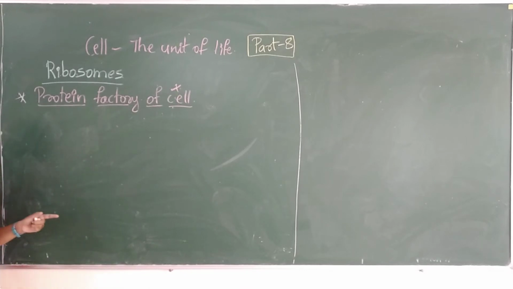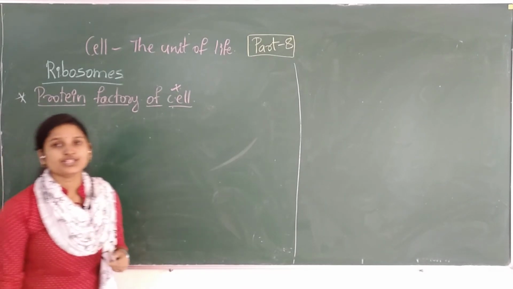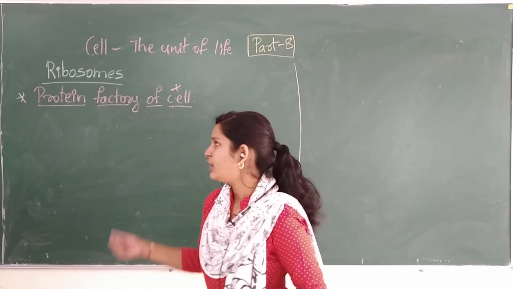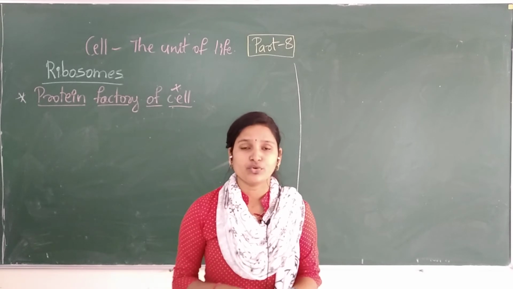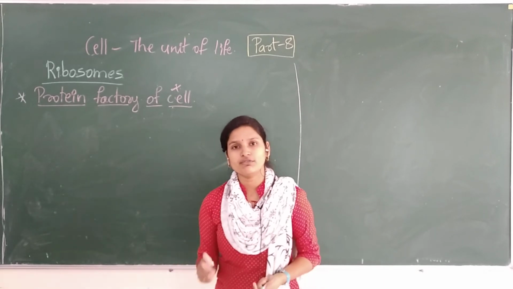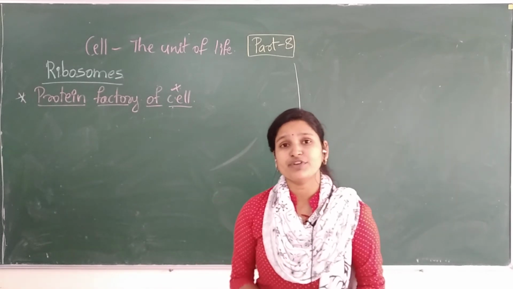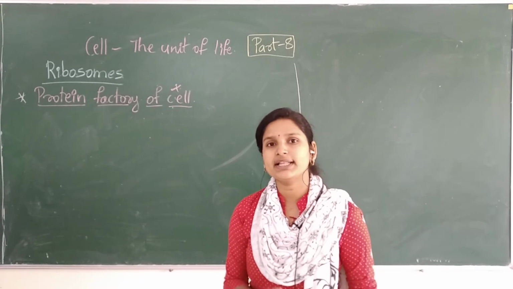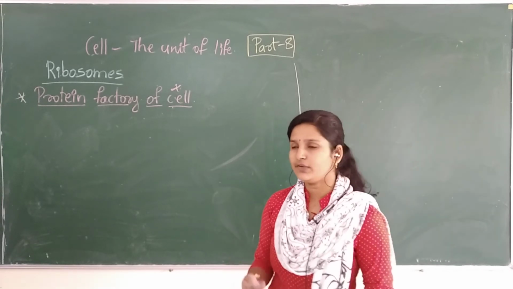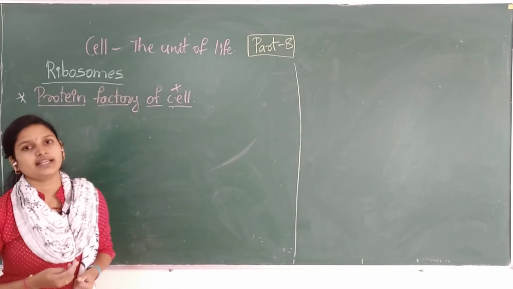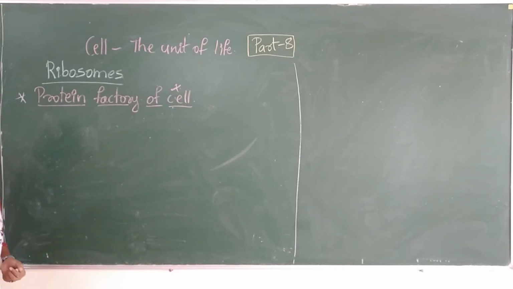Because in the cell these ribosomes are helpful for the production of proteins, which are necessary for all organisms to do work and for the proper functioning of the cell. These ribosomes should be there, then only the cell will grow and produce all the necessary material required for the organism.